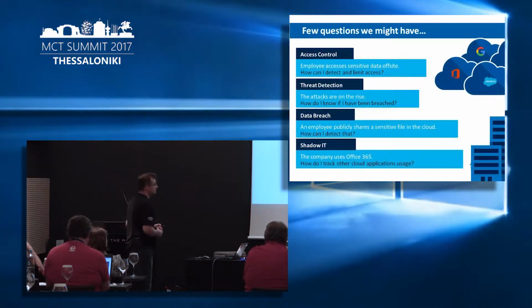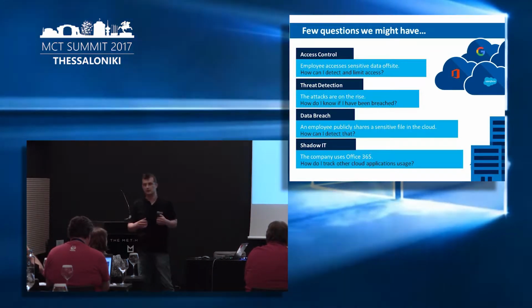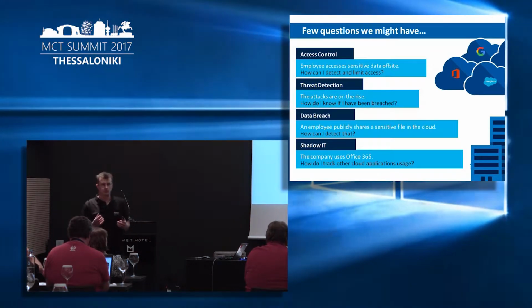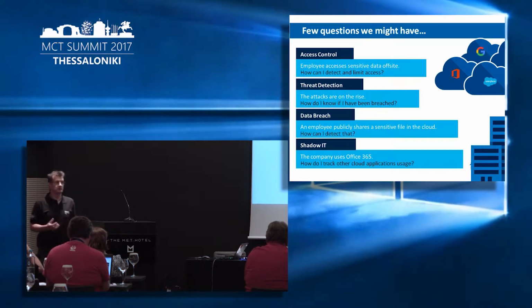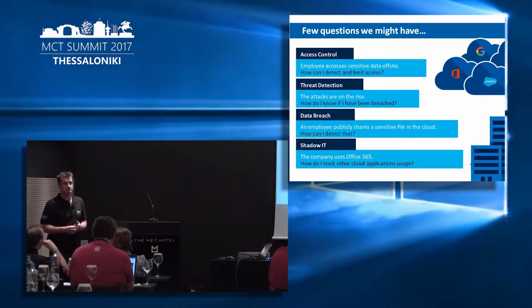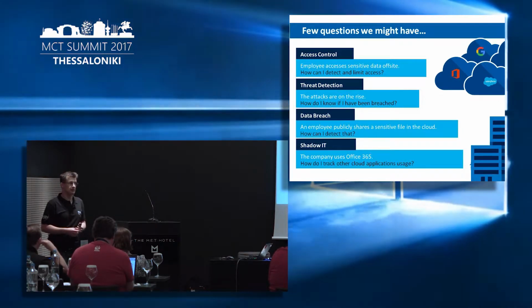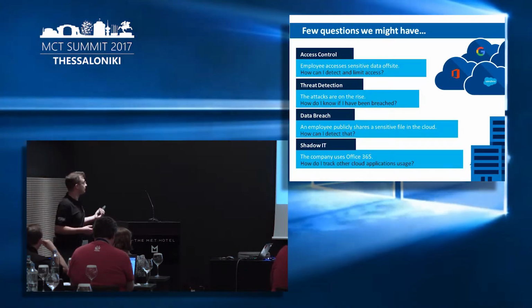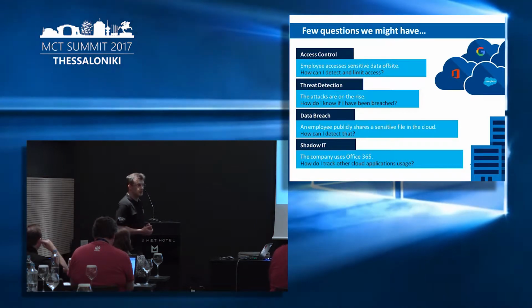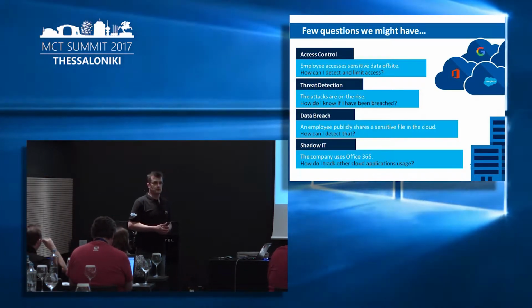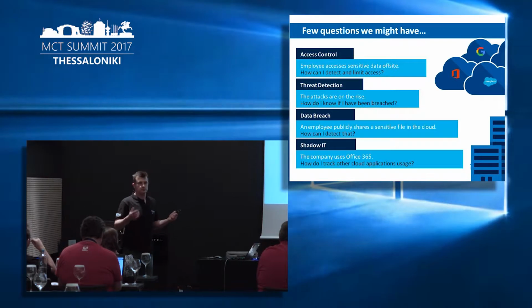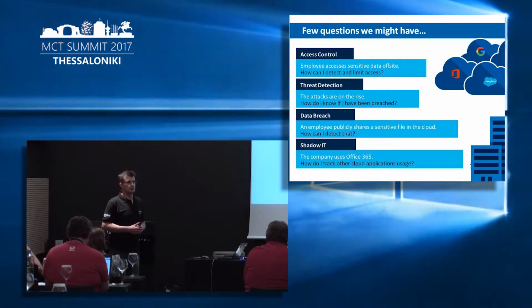So we have different questions and different scenarios that we might ask ourselves about the usage of data in the cloud and cloud apps. So how do you know that you've been breached or that you've suffered from a data loss?